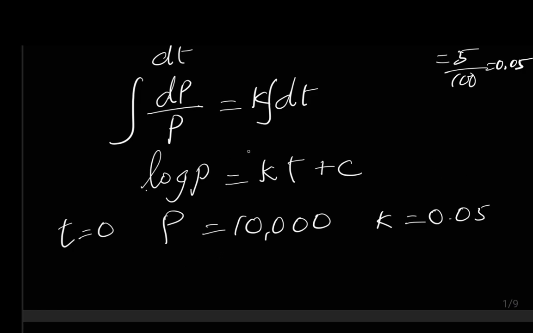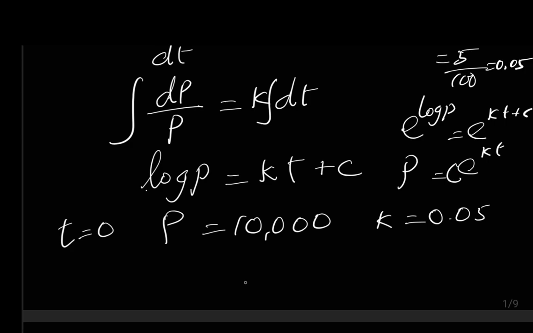Before that, let us simplify this. e power log P is equal to e power Kt plus C. So P is equal to e power Kt into e power C. Let me take that as some constant C.